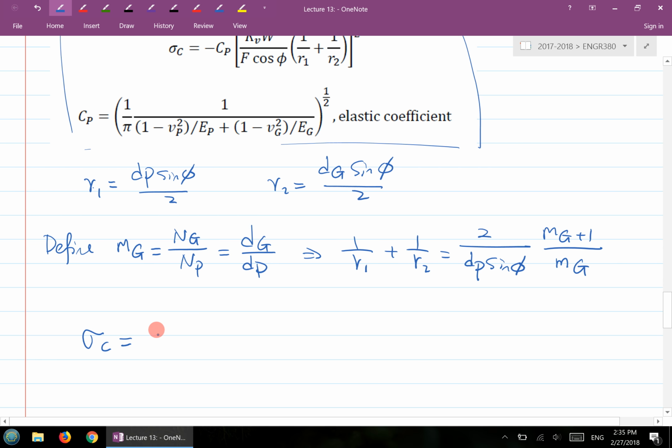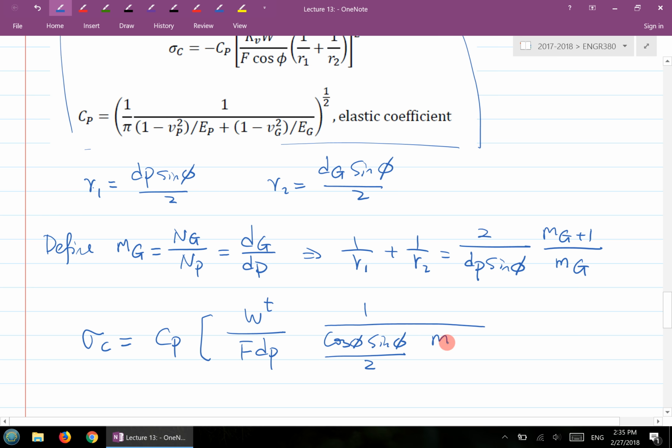So sigma c is just equal to Cp times Wt over F, times 1 over dp, times 1 over cosine phi sine phi, divided by 2 mg over mg plus 1.